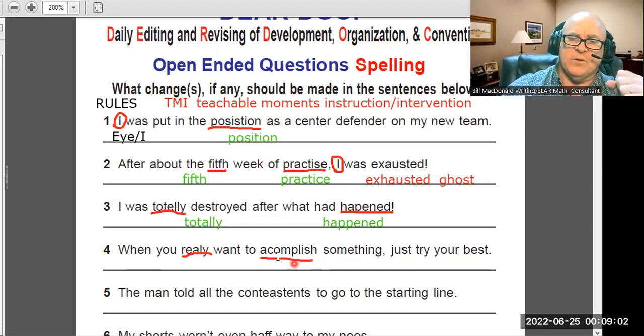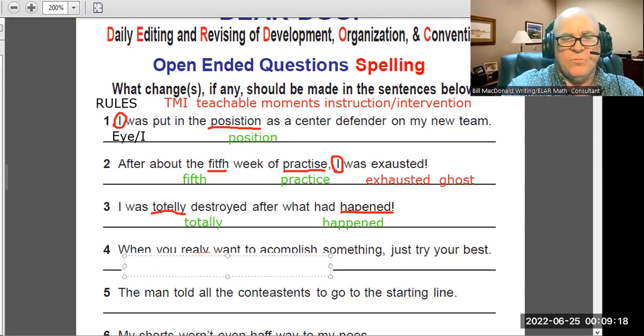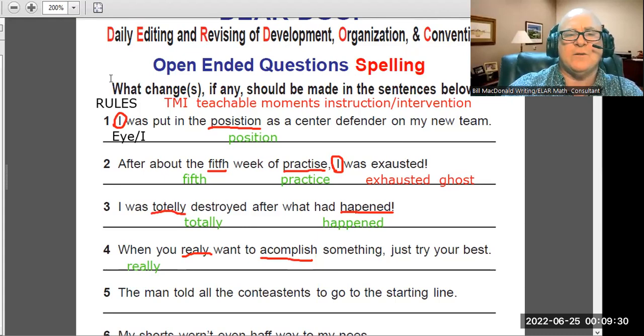Okay, so double consonant on the C and the L when I rewrite those. So let's go ahead and switch to text and green, and I will put that on the line as best I can. Really, I won't use capitals because it's not the first word in the sentence. You need to penalize your students if they capitalize a word in the middle of a sentence that is not a proper noun, because students are writing sentences.